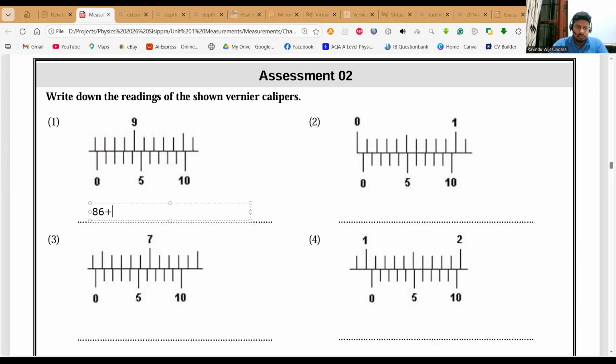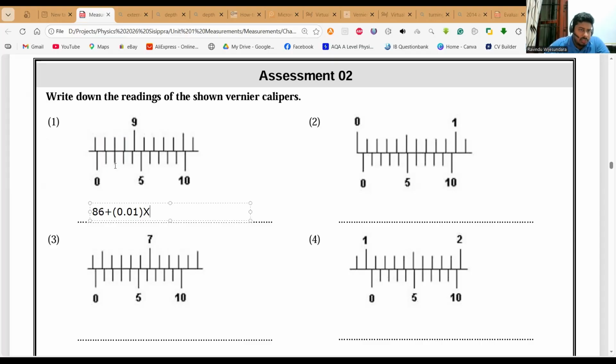86 plus the least count, which I have said is 0.01, multiplied by the vernier division which is coinciding with the main scale. So this is the zeroth vernier division. It is not coinciding with any. The first one is not coinciding.